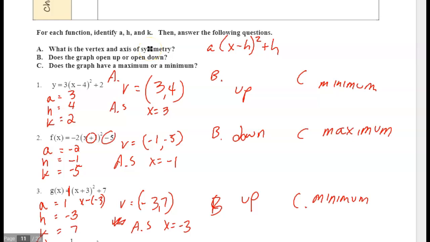Your quiz also may ask you to describe the transformation. I think that comes up on the last two. But what did we do on this one? Well, we shifted 1 spot left, and we shifted 5 spots down. Remember this negative h, and my K, that's a K there, really bad K. My K is positive.